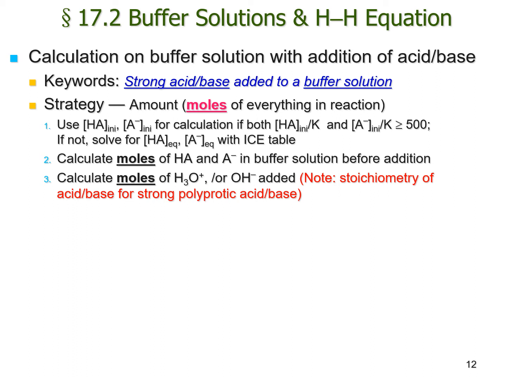If so, make sure that you apply stoichiometry for such an acid or base. For example, H2SO4 is diprotic, meaning we're going to have twice as much hydronium as the acid itself. So the stoichiometry of strong polyprotic acids and bases must be considered.